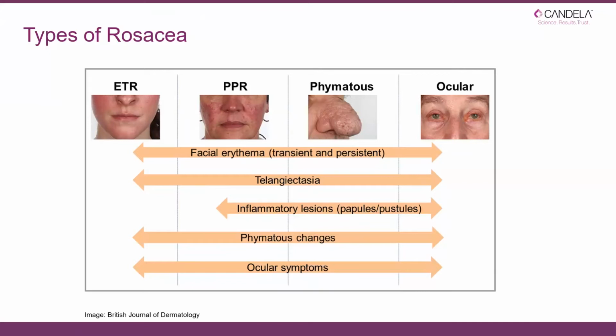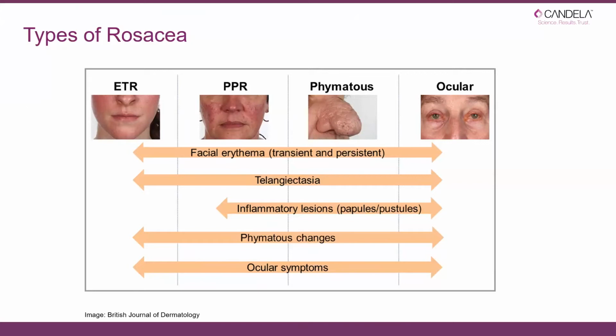This can then, in some instances, progress to a much more inflammatory lesion indication, where we have papules and pustules. This can then move on to over-proliferation of tissue, where we see the phymatous change, or a rhinophyma is what it's more normally called.